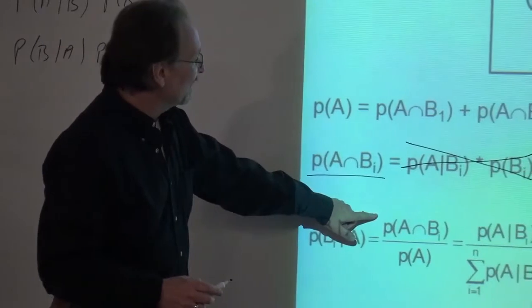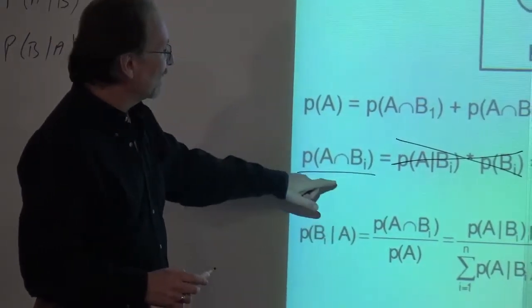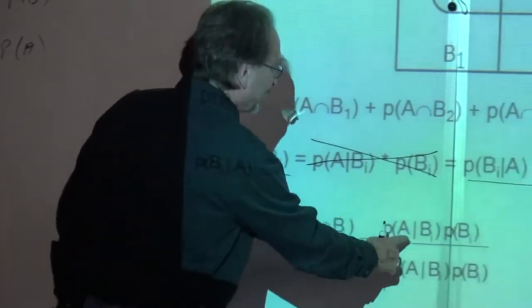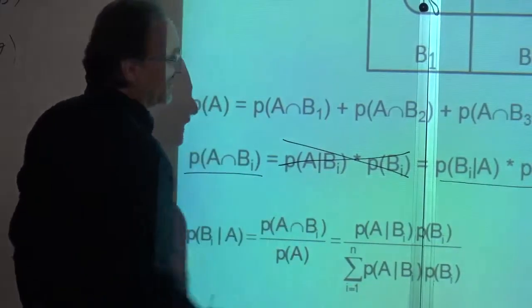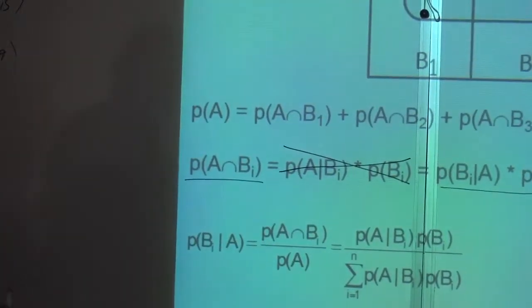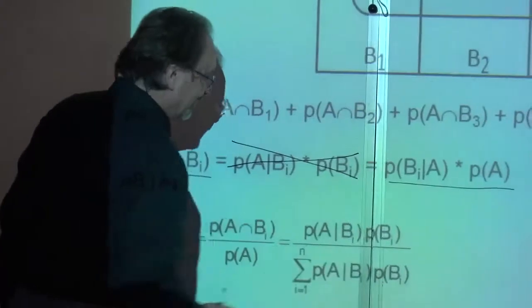Now, A intersect B sub I I already know is equal to this guy right here. Right? A given B sub I times the probability of B sub I.